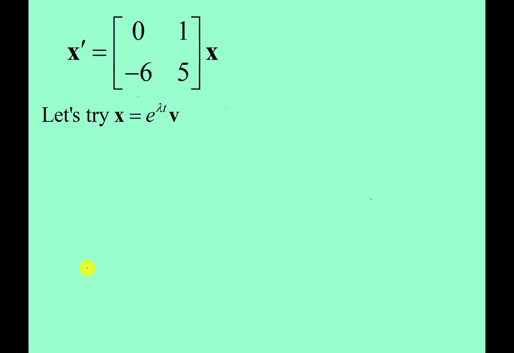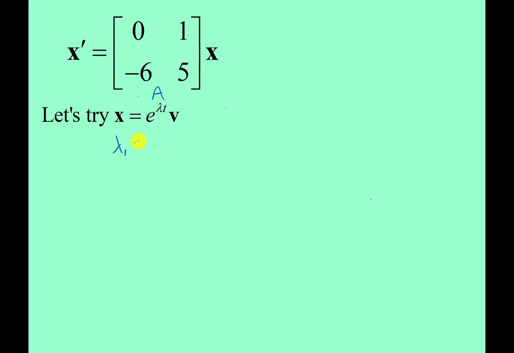So what we want to do is see if that would solve the differential equation. So let's go ahead and try that, and let's see if it really is a solution. So this was our matrix A, and we did find we'd converted that, and we did find the eigenvalues.